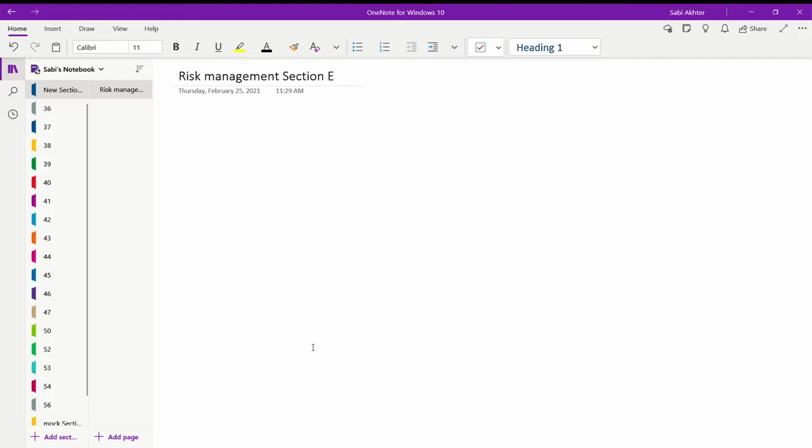I want you to be actively involved with me. When I'm writing the notes, you write the notes. When you write the notes, you think it. You know how our brain works? When we start writing something, you become more conscious about it. Then you know, okay, these are the areas I need to focus on. So this is how I'm going to teach you.